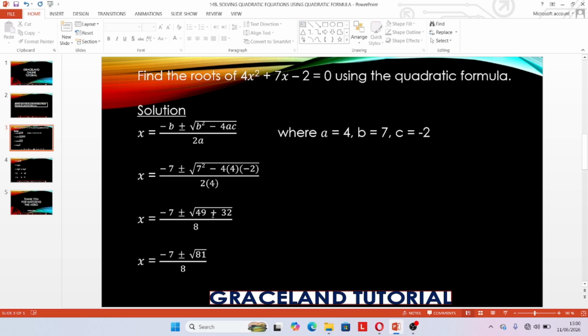Now let's add these two together. So x will be equal to minus 7 plus or minus the square root of 49 plus 32. That is 81. So we have the square root of 81 over 8. The next thing is to find the square root of 81.